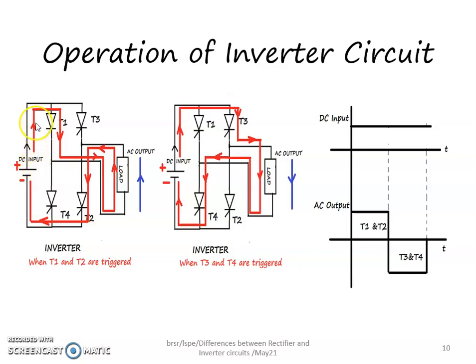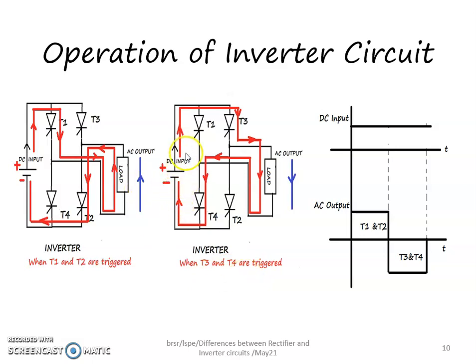You can see the current flows from the plus through T1 to the load, back through T2 to the negative. When T1 and T2 are given the firing pulse for some time and then are switched off, you turn on T3 and T4 by giving the gate signal.